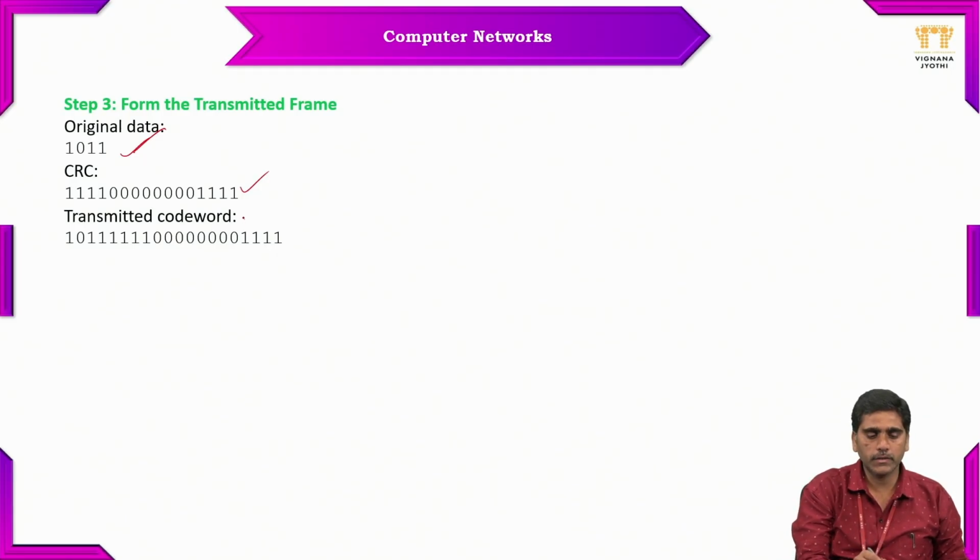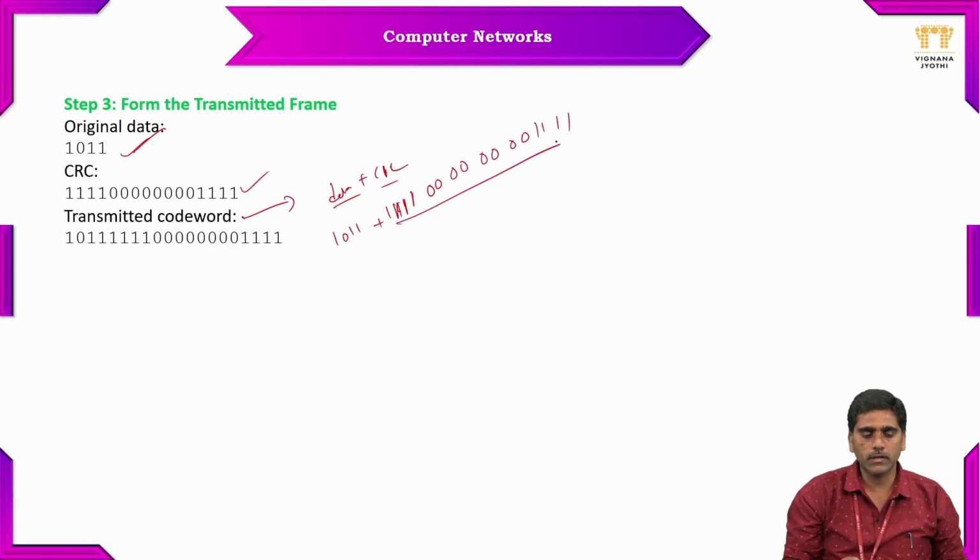Now the transmitted code word is data plus CRC. The data is 1011 plus the CRC, which is this one: 1011 11111 0000 1111.